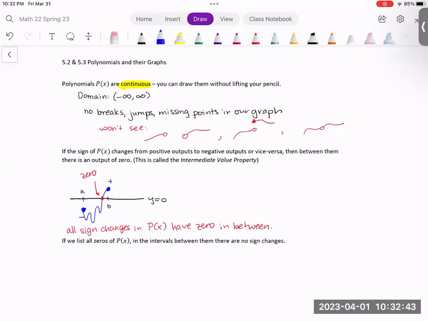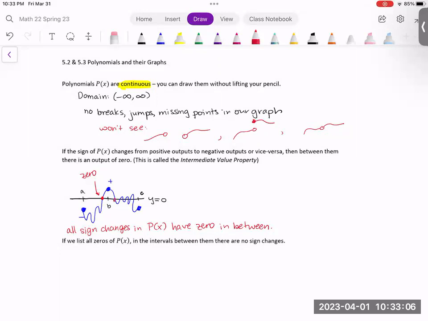So let's also look at another example. We were positive at B. We're going to look from B to C. C is going to be negative. We may have many zeros in between them, but it just ensures that there must be at least one.